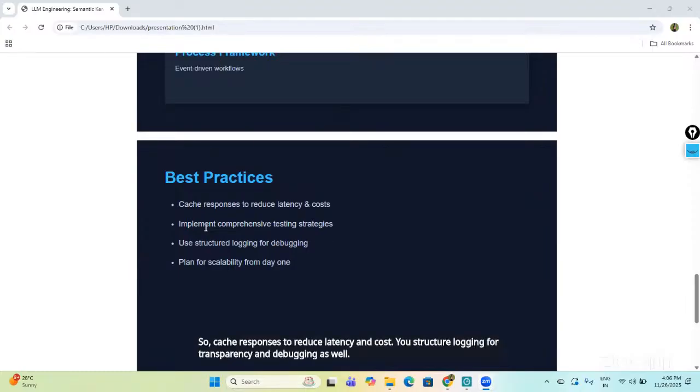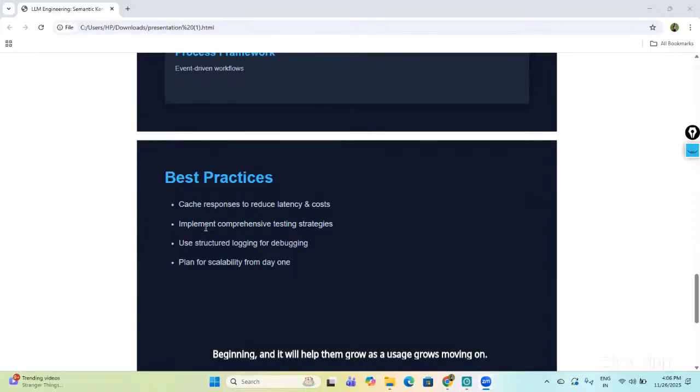Implement robust testing strategies and design for scalability from the initial stage. These principles protect your system from the beginning, and they will help it grow as usage grows. So these are a few best practices that are followed for Semantic Kernel.